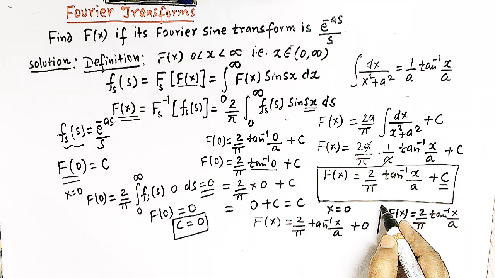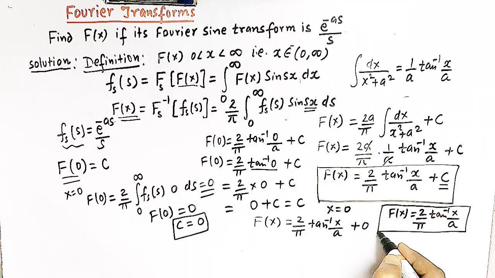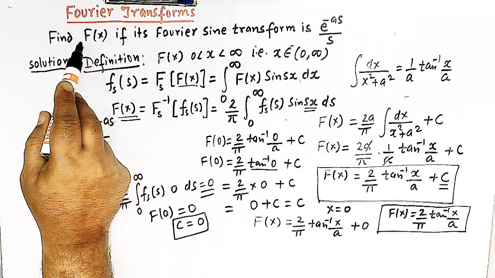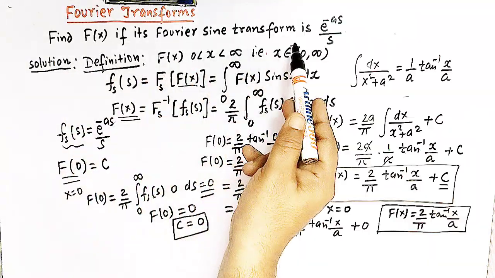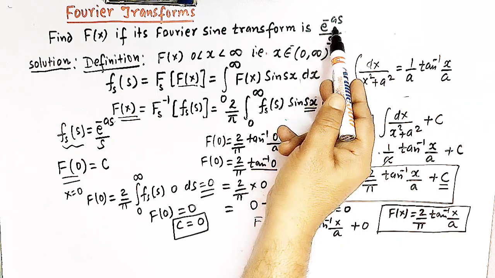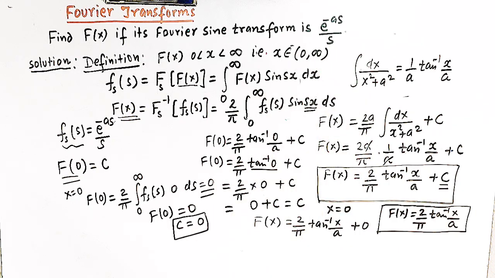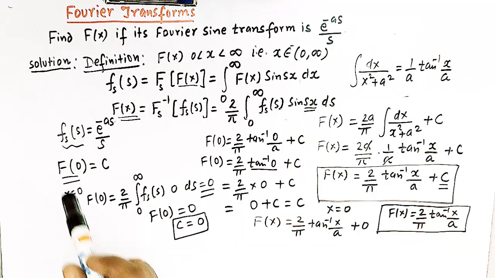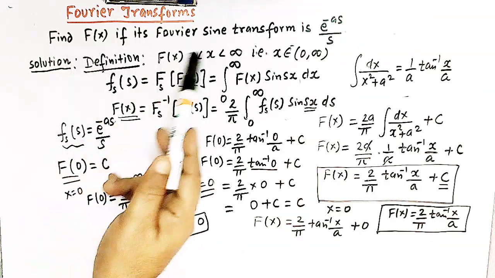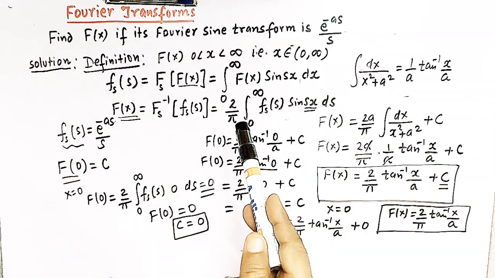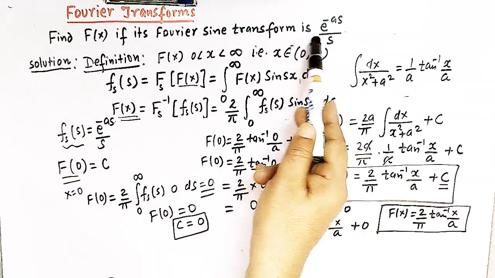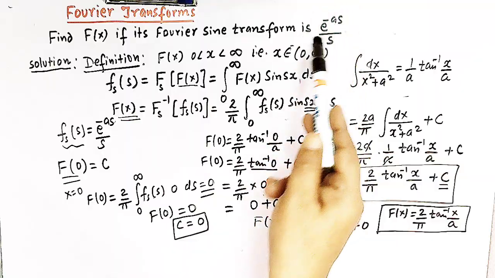So this is the required expression for the function f of x, whose Fourier sine transform is given as e raised to minus as over s, right? So viewers, this is how we can find out the function f of x if its Fourier sine transform is given as this expression.